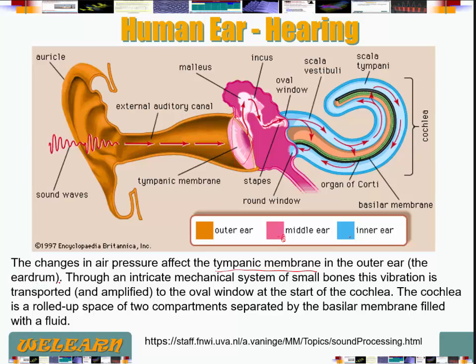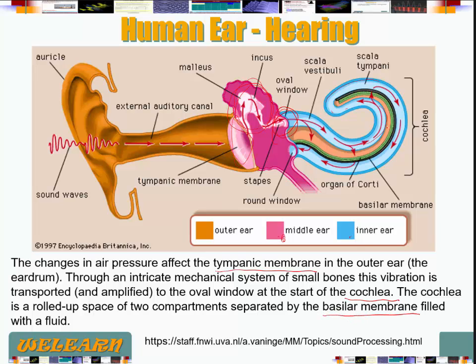Now, as the eardrum is affected, the malleus, the incus are going to transfer and amplify the vibrations and get them to the oval window in the inner ear, in the cochlea.